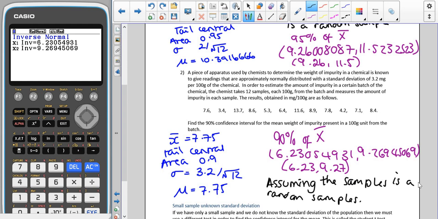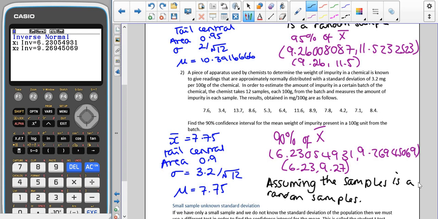It just says, in order to estimate the amount of impurity in a certain batch of the chemical, a chemist takes 12 samples, each of 100 grams from a batch. It doesn't say that the samples were taken randomly. So it is quite important that we do check that, because sometimes we need to add an assumption, even if the question doesn't necessarily state one.